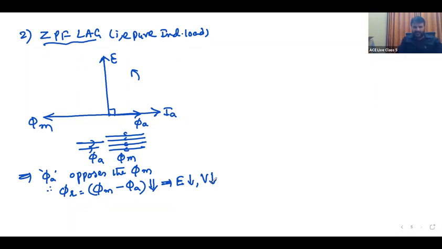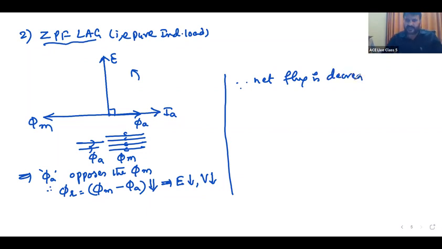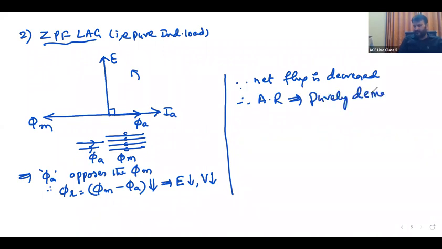Since net flux is decreased, the armature reaction is said to be purely demagnetization. Flux is reduced, so it is purely demagnetization.